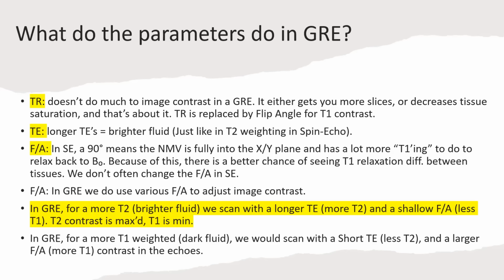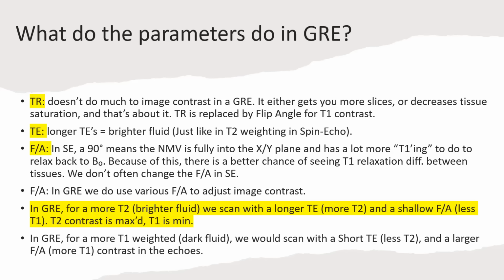So you can think of the flip angle in gradient echo land as how much T1 you're putting into the echo that you're going to get back. That future echo, is it going to have more T1 in it, or is it going to have more T2 in it? So high flip angle, T1. Think of it as your volume control. Flip angle is your volume control for T1 weighting.